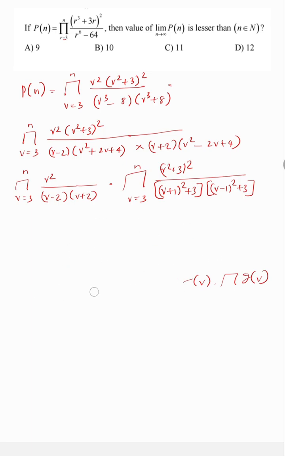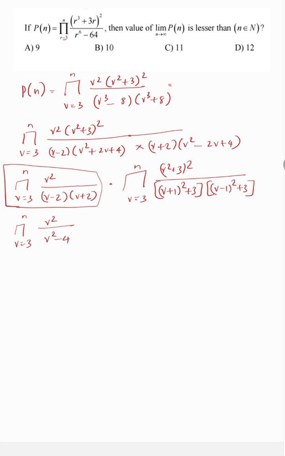Now what we can do is this pi, r from 3 to n, r divided by, let me calculate the first pi here. Okay, r by r minus 2. Okay, this is r square by r square minus 4. Okay, I have this.